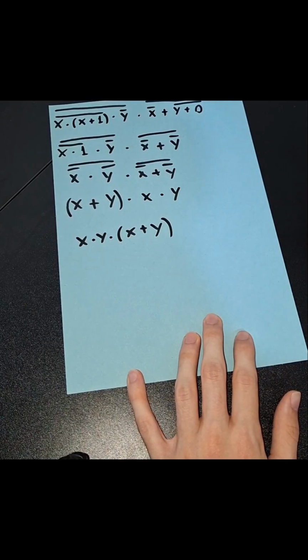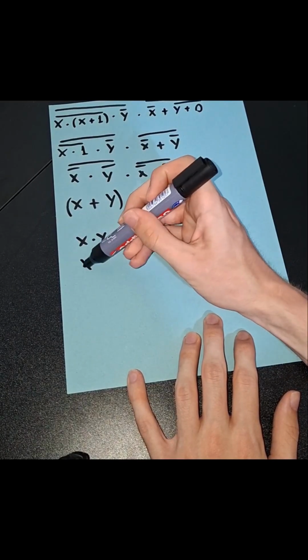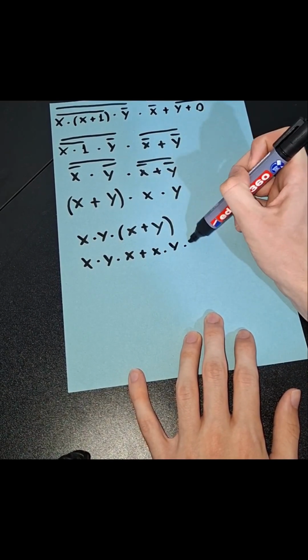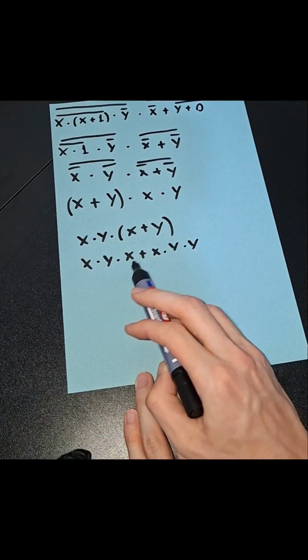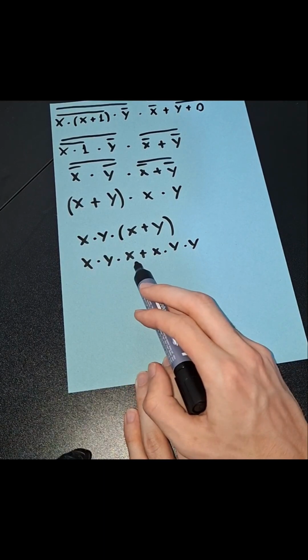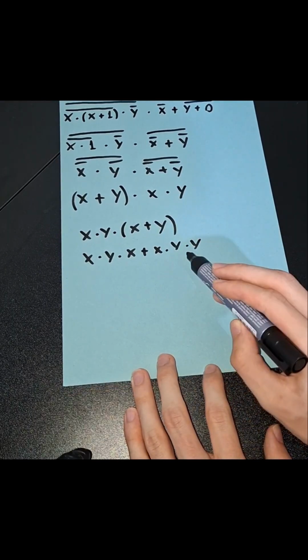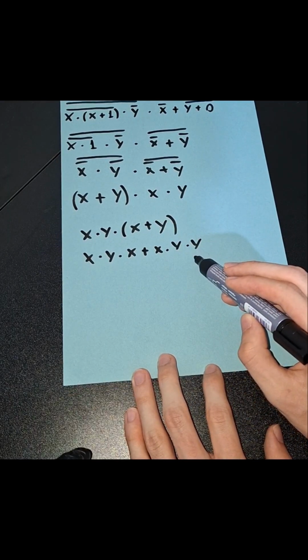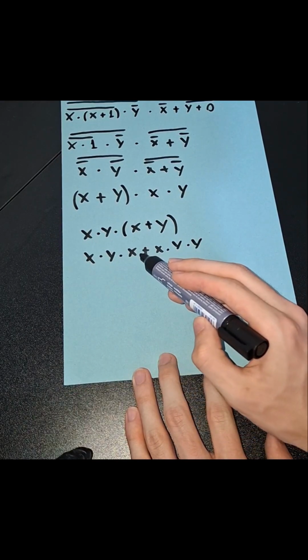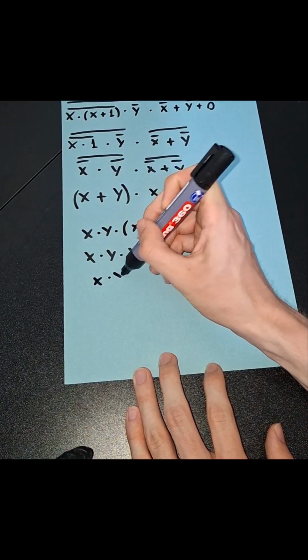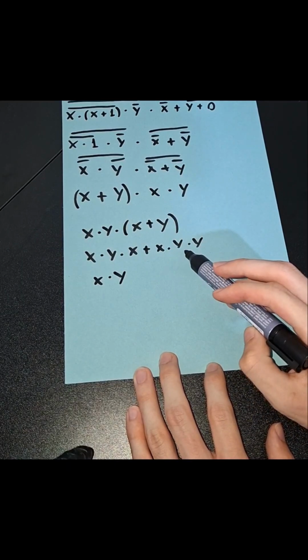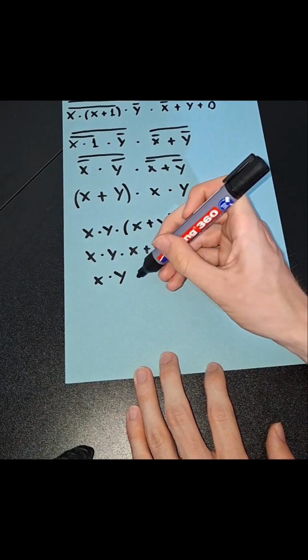So let's go ahead and expand this bracket. So we've got two terms here. We've got two x's in this term, and we've got two y's in this term. X and x will just be x, and y and y will just be y.